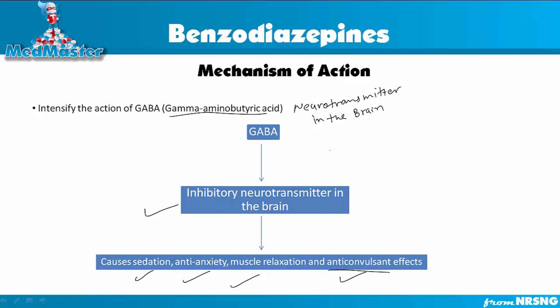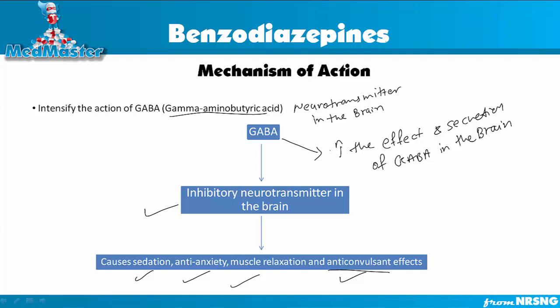So basically, when you give a benzodiazepine drug, it increases the effect and secretion of GABA in the brain.